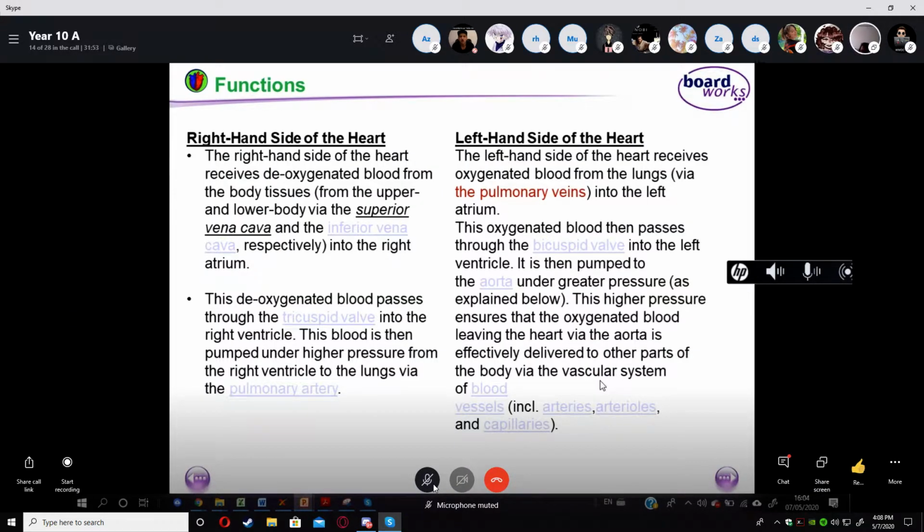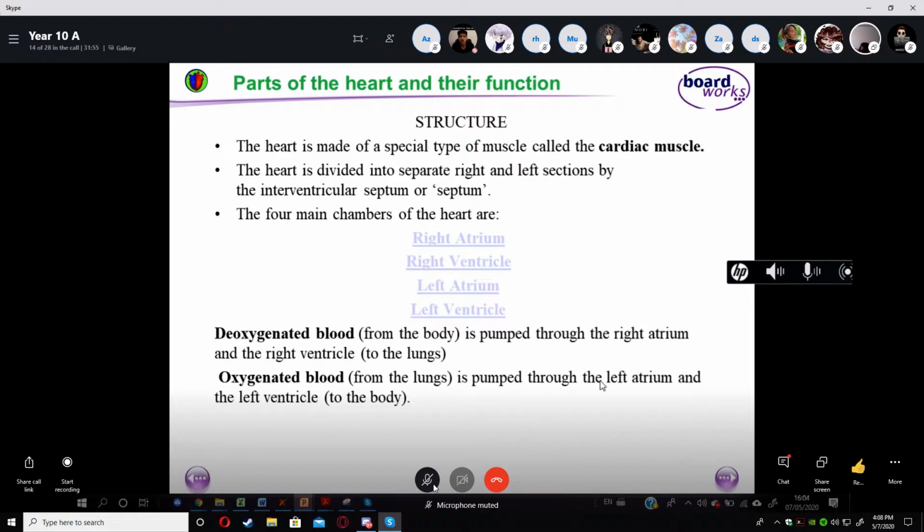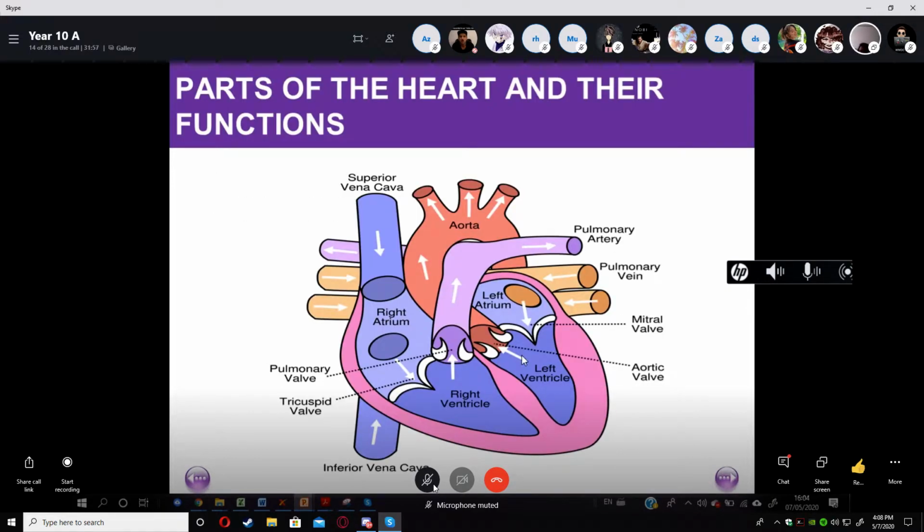So basically, what we have already said, the blood comes from the lungs through the pulmonary veins. The atrium contracts and pushes the blood through the bicuspid valve into the left ventricle.